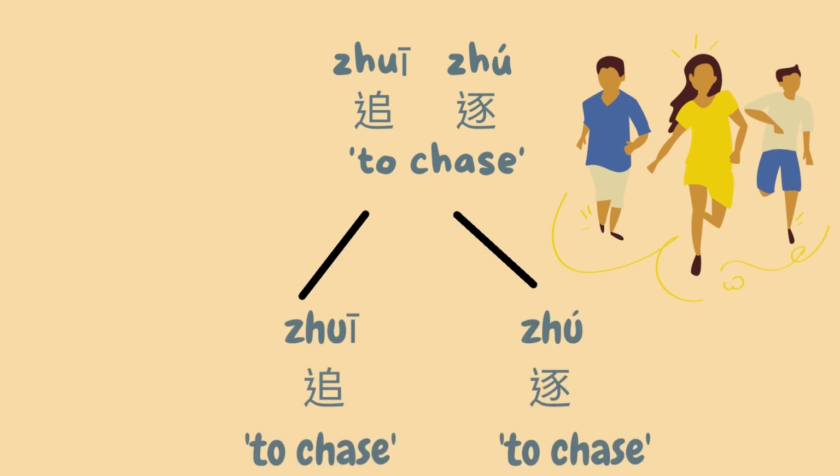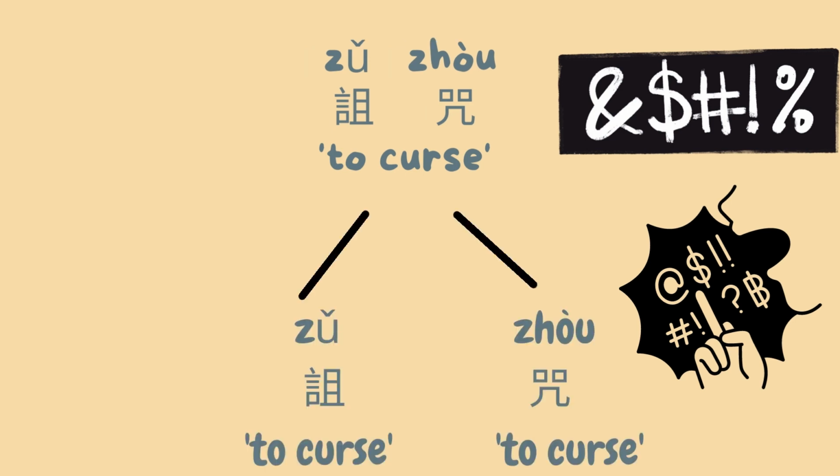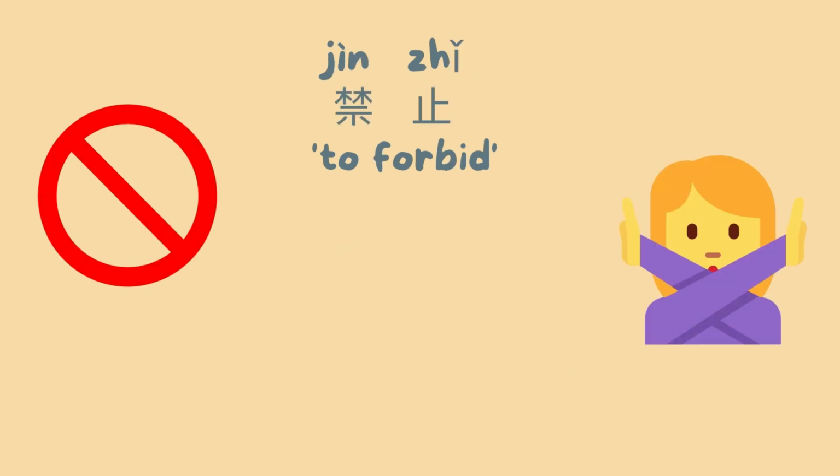Both the constituent characters 追, to chase, and 逐, to chase, are synonymous with one another and with the word they form. 追逐, to chase. The next word is 诅咒, to curse. Both the constituent characters 诅, to curse, and 咒, to curse, are synonymous with one another and with the word they form. 诅咒, to curse.